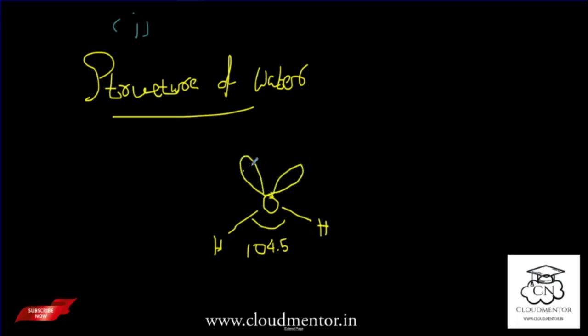And the bond length between oxygen and hydrogen is about 95.7 picometer.